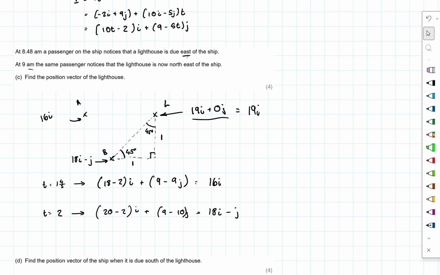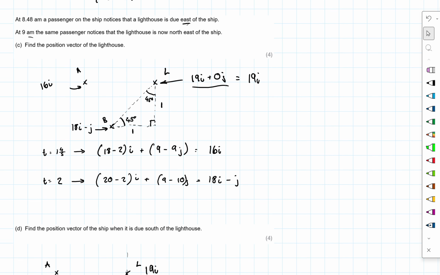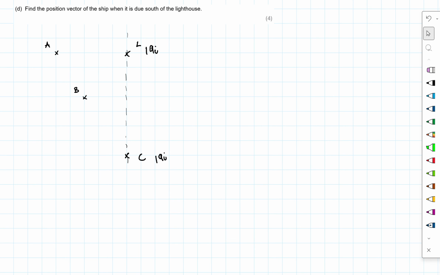Well, what that means is we know what the position vector is of our ship at any given time. It is 10t minus 2i plus 9 minus 5tj. Okay, well, in that case, we already know what I is. We know that it's 19, so we'll set 10t minus 2 equals 19. That gives me t equals 2.1.